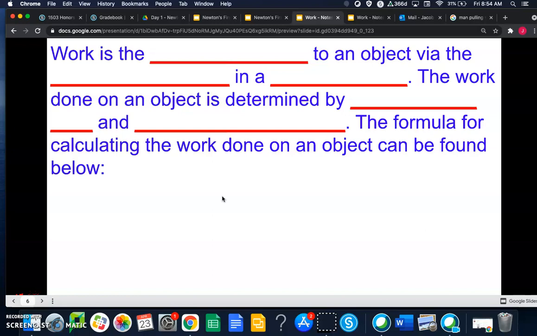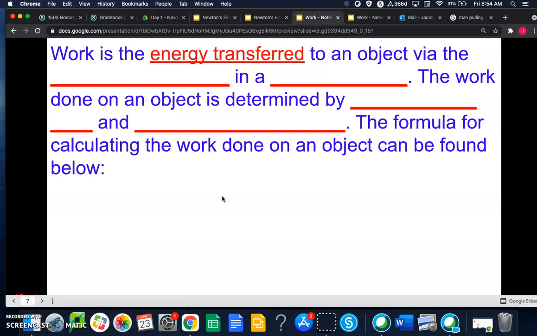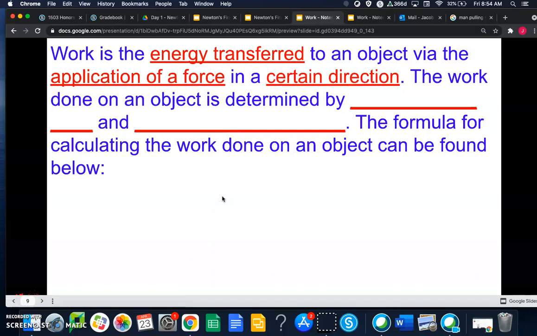So what is work? Work is the energy transferred to an object via the application of a force in a certain direction. So if you apply a force to an object and move it in a direction, and as long as the force is in the same direction as the way the object is moving, you will be giving that object a certain amount of energy.